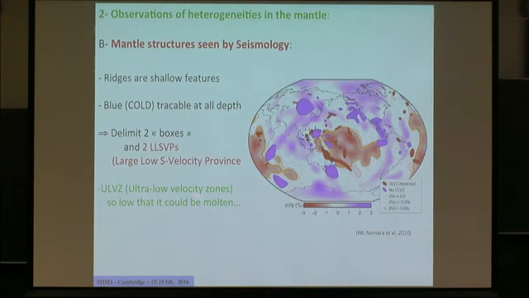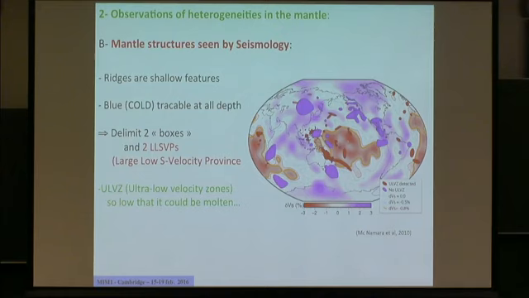So the velocity of the waves is so low that it could be interpreted as molten material. So that's for the seismology.